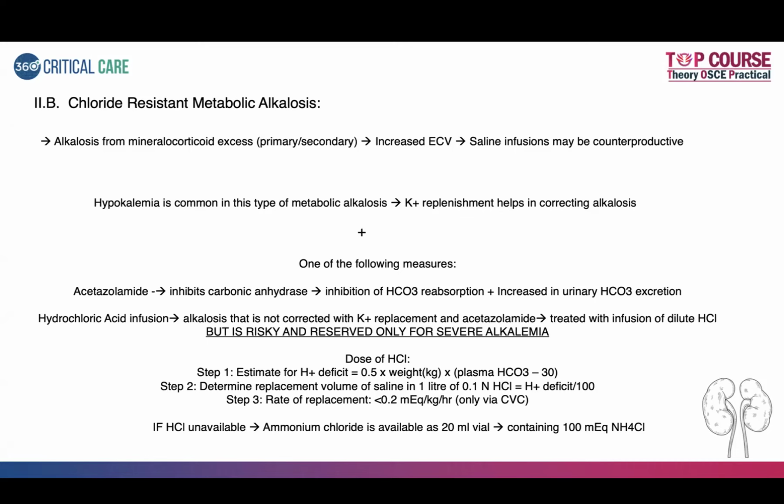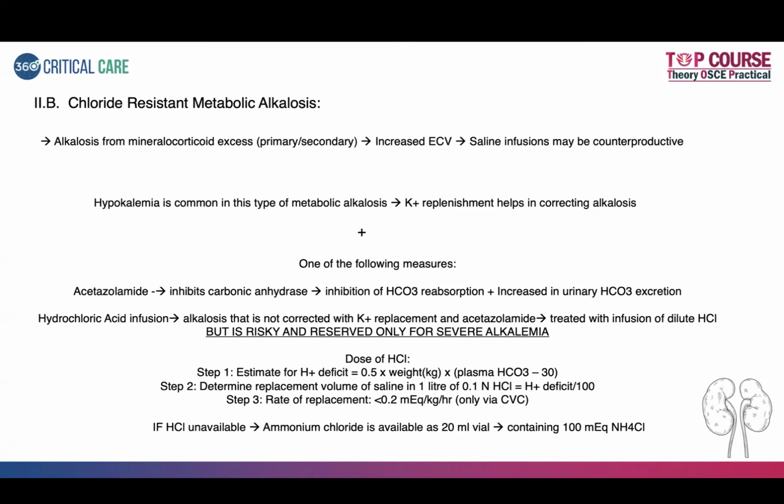Then we determine the replacement fluid volume for saline in 1 liter of 0.1 N HCl. That is given by the H plus deficit divided by 100. The next thing is the rate of replacement. The maximum rate of replacement should be within 0.2 milliequivalent per kg per hour, and it must be infused only via a central venous catheter.